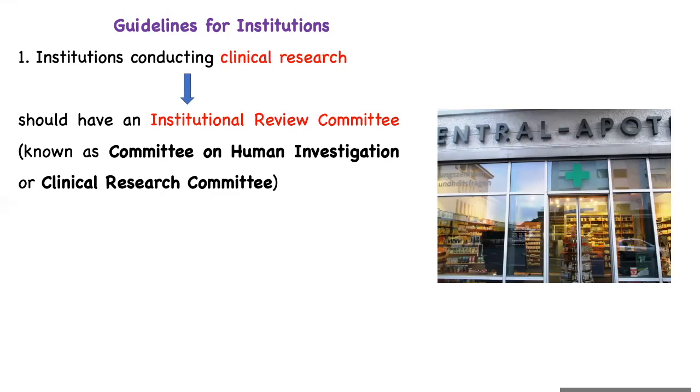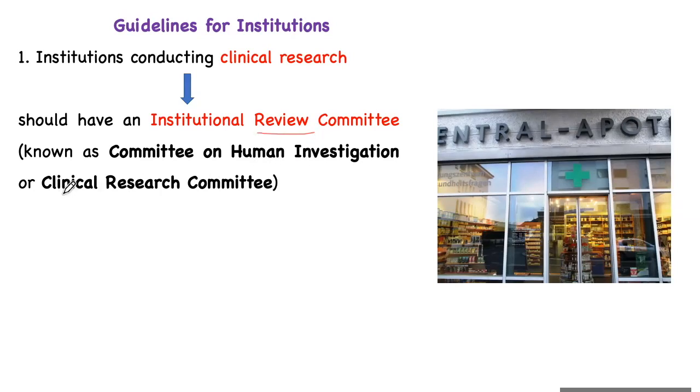For example, in our case, in the animal house, we have an animal ethical committee. Likewise, if you are conducting any research related to human beings, then there must be a body called the institutional review committee. They are also known as the committee on human investigation. So any investigation conducted on humans should be reviewed by this particular committee, so the name includes review also.